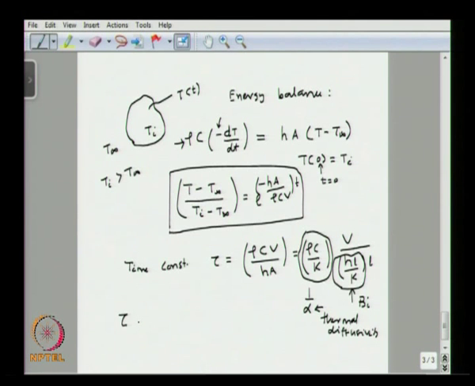So, the time constant is going to vary as V over L, or it is going to vary as L square.